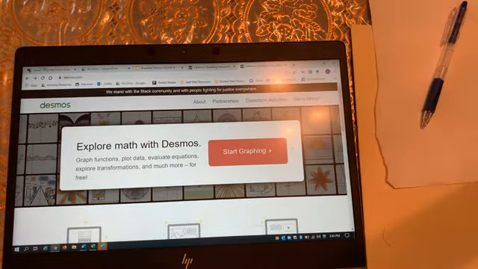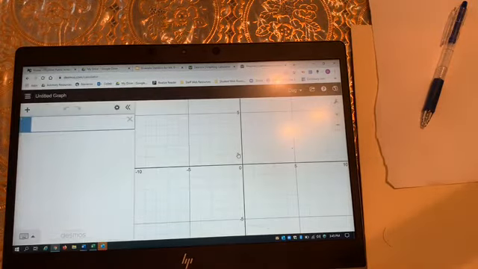When we go to Desmos, we start graphing here. At the top left corner there is a plus sign, we click on that, and it says add item, so we select table from there.